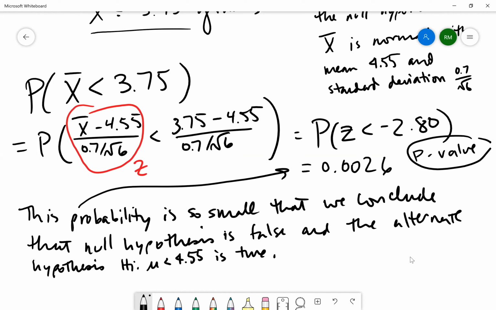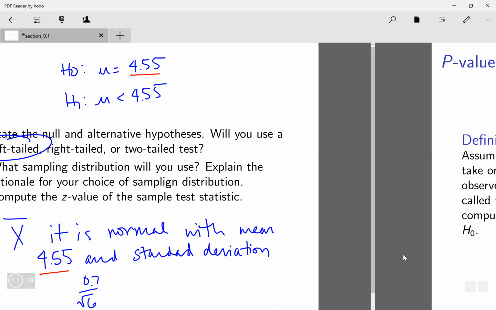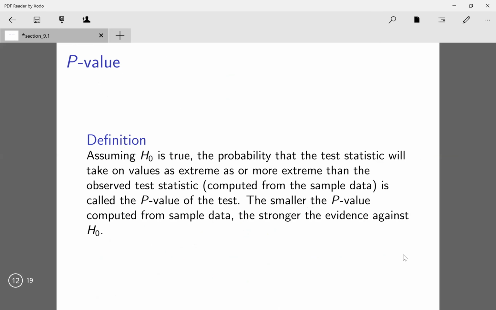All right, so this is one problem, and we'll have more to do in class, but I'm just going to describe some of the other things that you're going to need to know. So the p-value we just defined: assuming the null hypothesis is true, what's the probability that the test statistic will take on such an extreme value?